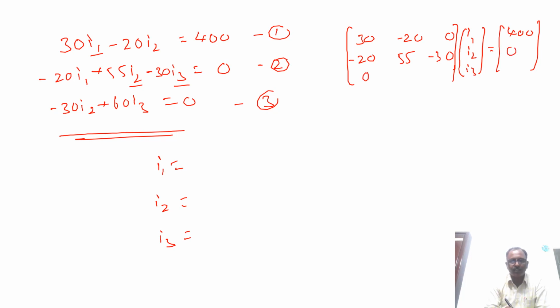Then 0 I1 coefficient, minus 30 is the I2 coefficient, plus 60 is the I3 coefficient, equal to 0. If you solve this, we will get I1, I2, I3. If you do it on your own using a calculator, you will get I1 as 20, I2 as 10, and I3 as 5. Okay, thank you.